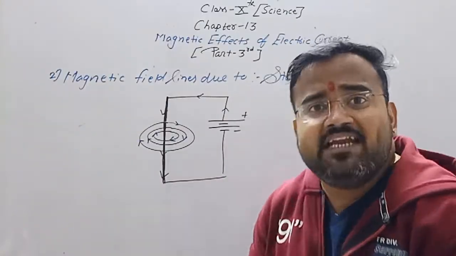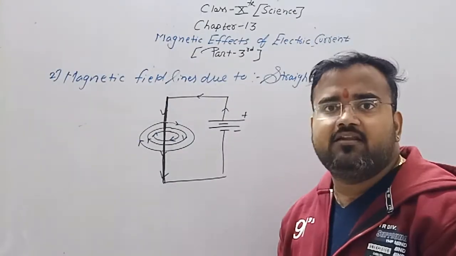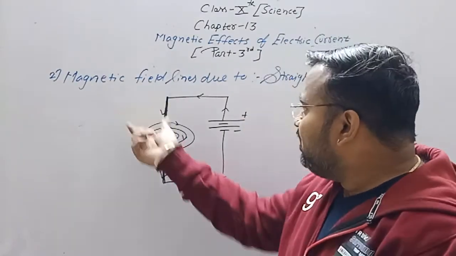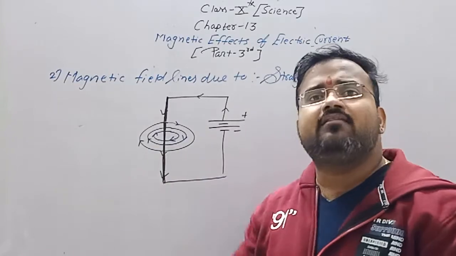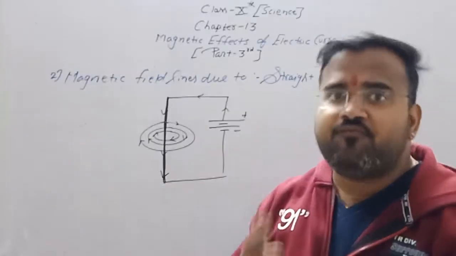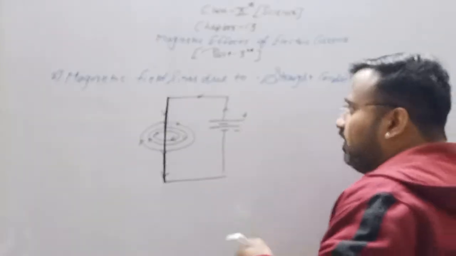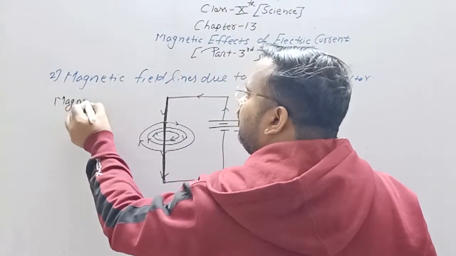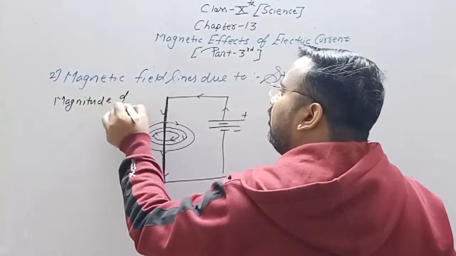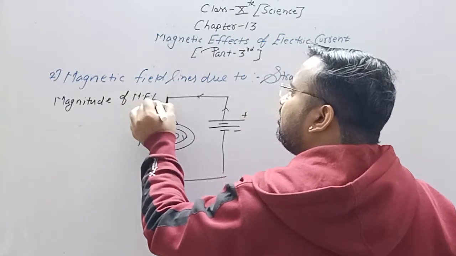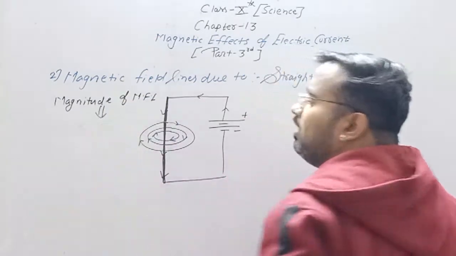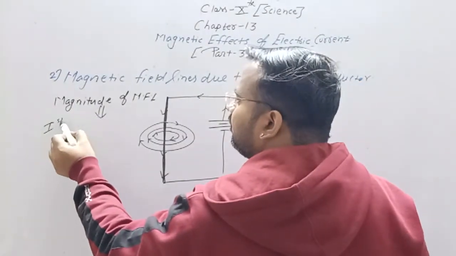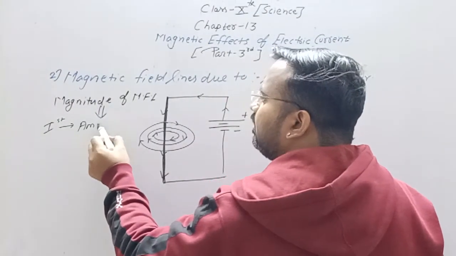Now the magnitude of these magnetic field lines depends on various factors. The magnitude of these field lines depends on two factors. The first factor is the amount of current.